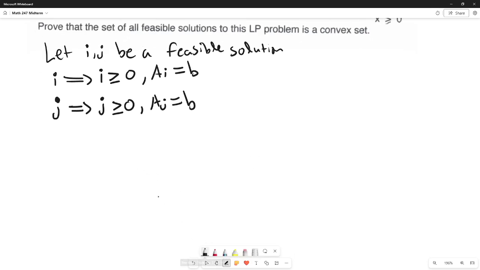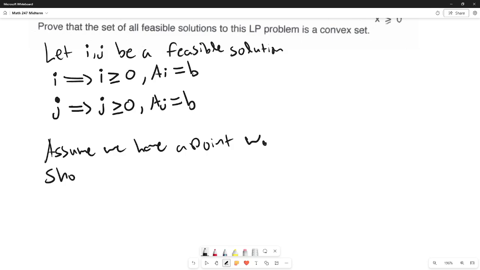So now we must say, okay, let's assume we have a point W, which is also a feasible solution. We must show that aW is equal to B. W is greater than or equal to 0. And that W is a convex combination of I and J.